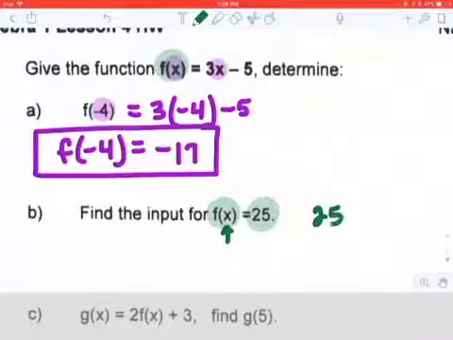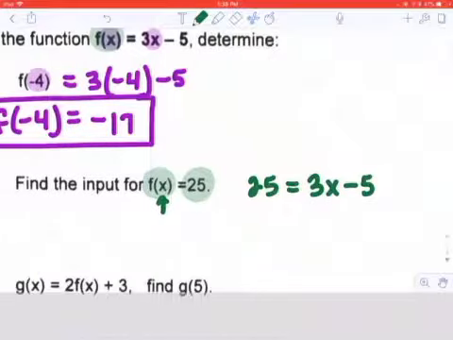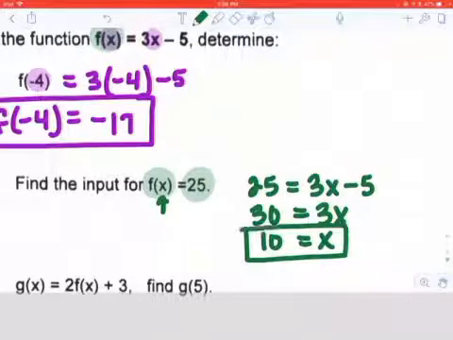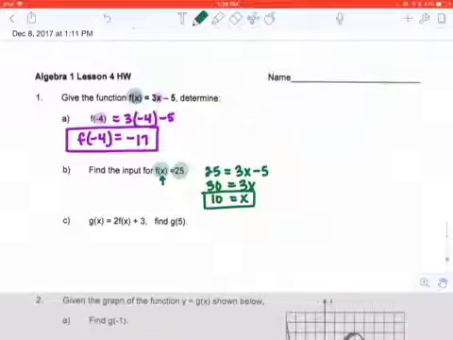So 25 equals 3x minus 5. We add 5 to both sides to get 30 equals 3x. And then we divide both sides by 3, and we get 10 equals x. So when x equals 10, f of x is 25. f of 10 equals 25.